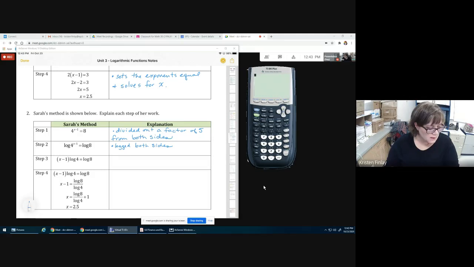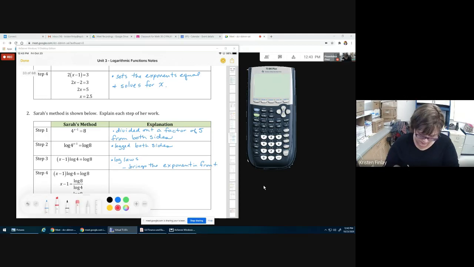Okay. Now she applies her log laws. And she brings the exponent in front. That's right here. Right? She moved it from here to in front. Okay. Then once she's done that, then she uses algebra to solve.